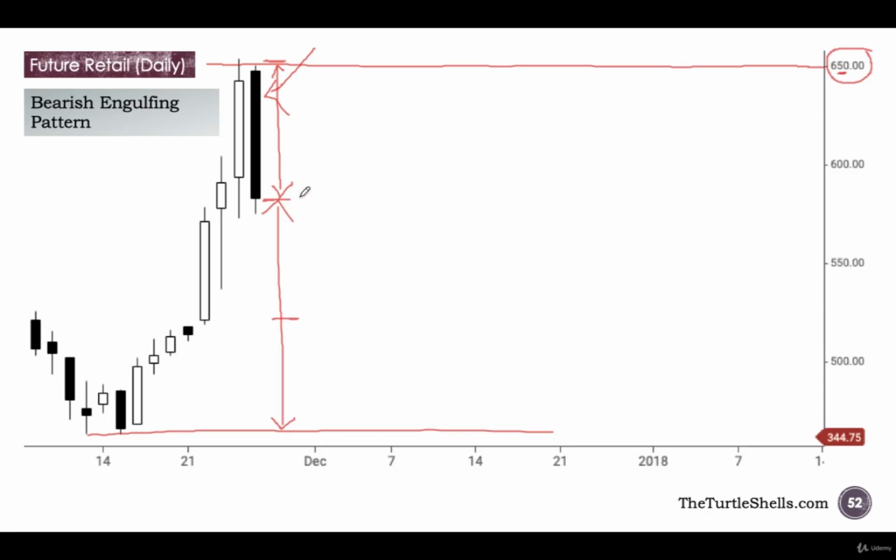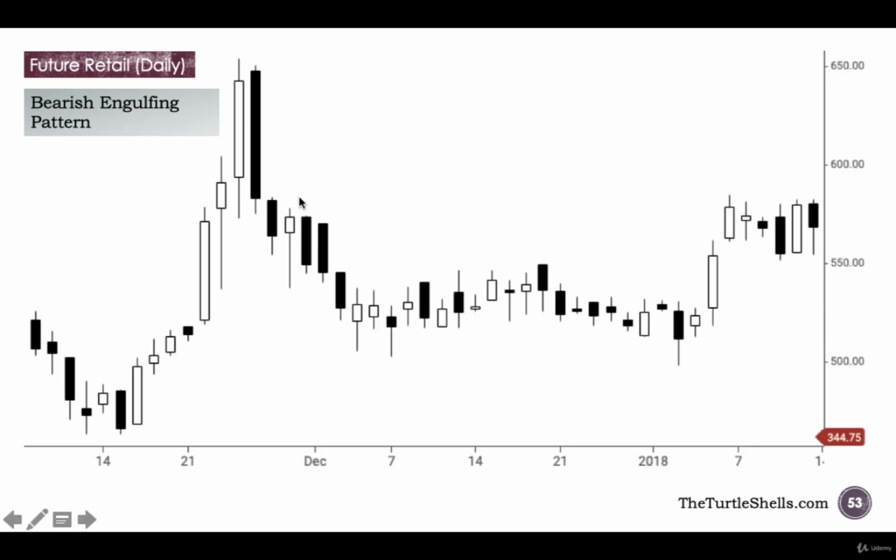But since I would be someone who would wait for price confirmation, I would wait for this candle to appear. And then probably I would take the trade and try to aim for this support area. So that is how I would look at this trade. So to quickly summarize, first is the standalone bearish engulfing pattern.